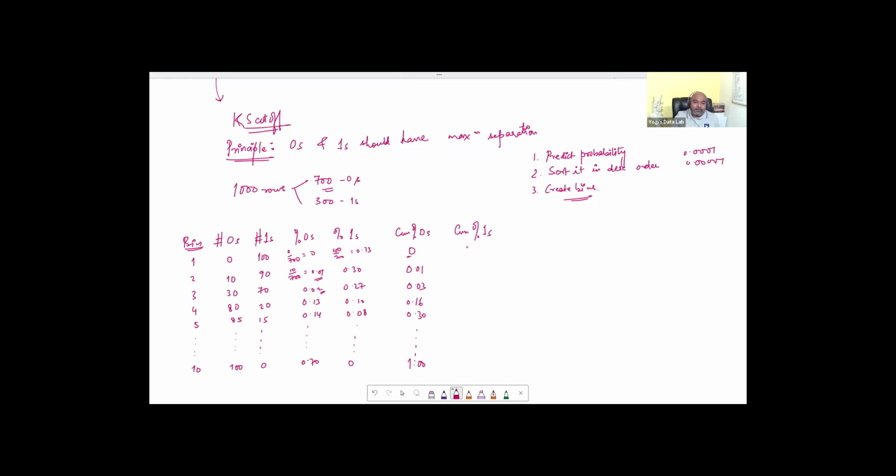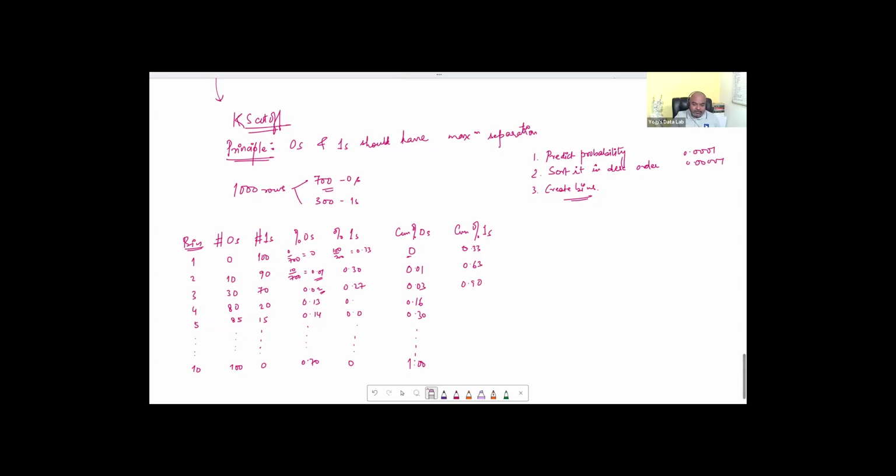When I talk about cumulative percentage of ones, we'll start with 0.33. This will become 0.63. This is 0.63 plus 0.27. It will be 0.90. So this cannot be 0.10. It has to be something different because it will end up with 100%. So let us say this is 0. I'll change this.